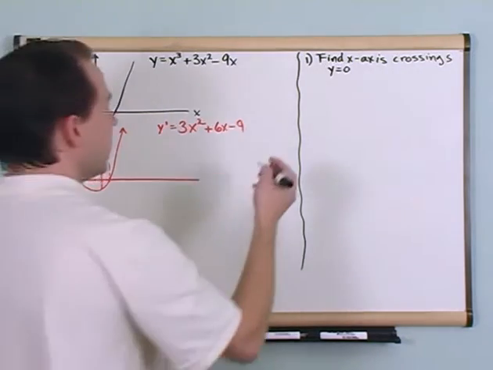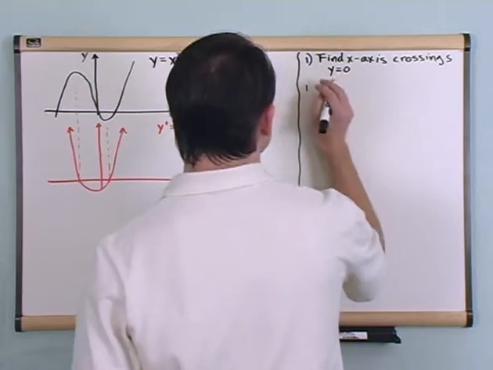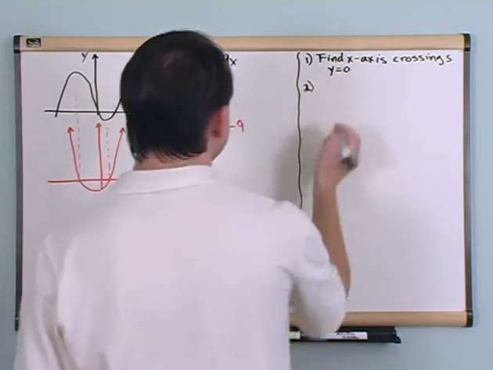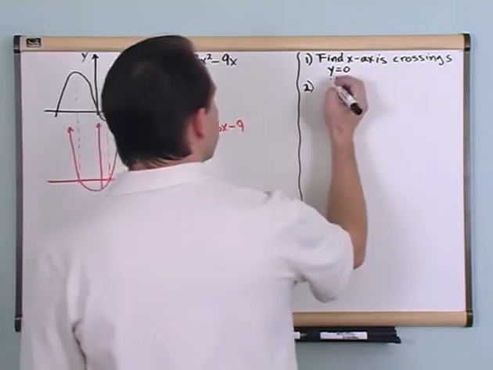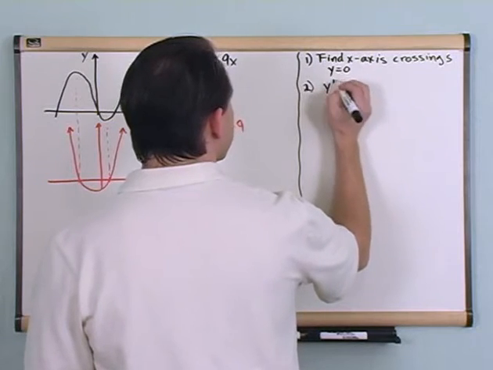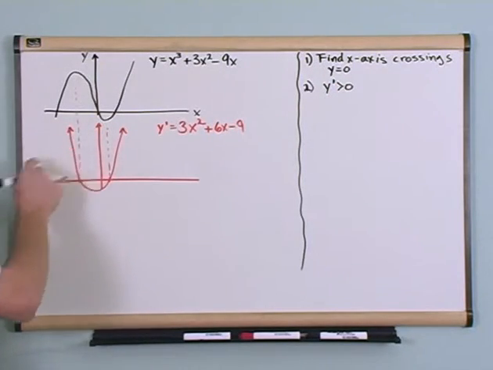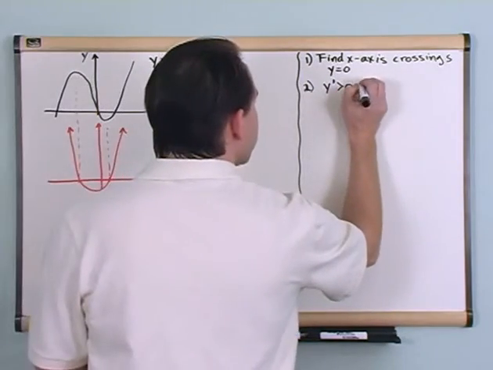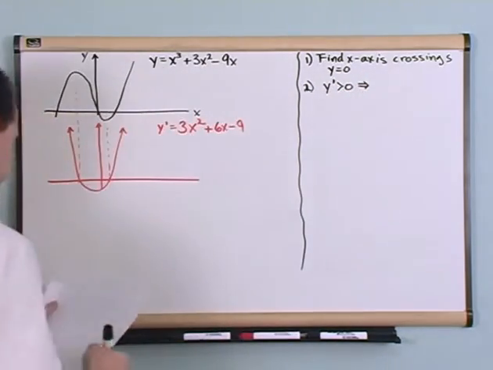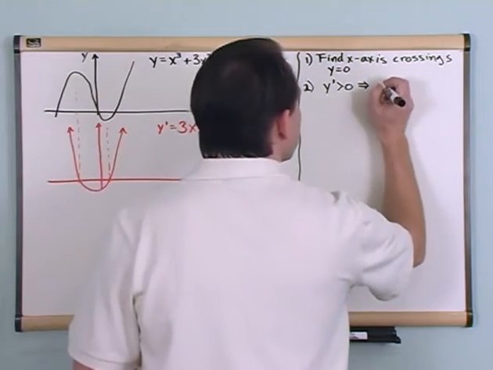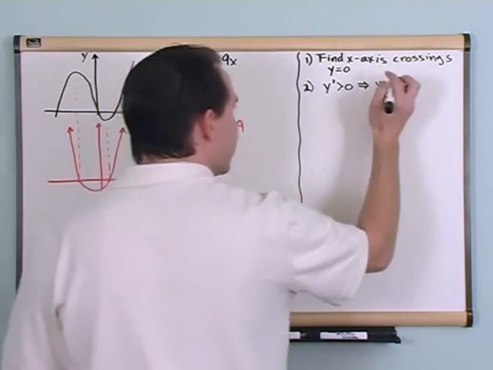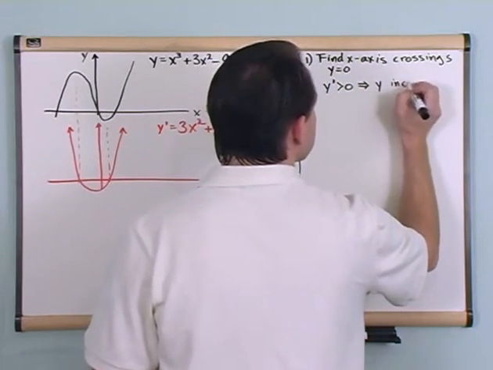From that, you can learn a couple of additional things. I'm going to write them down here. If the derivative is greater than 0, and in this case the derivative is greater than 0, that implies, and this is what I mean by this double arrow, that the graph of y itself is increasing.